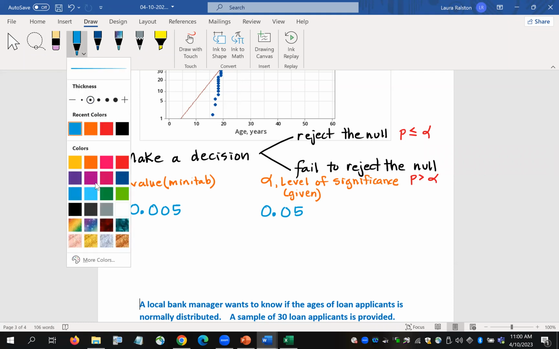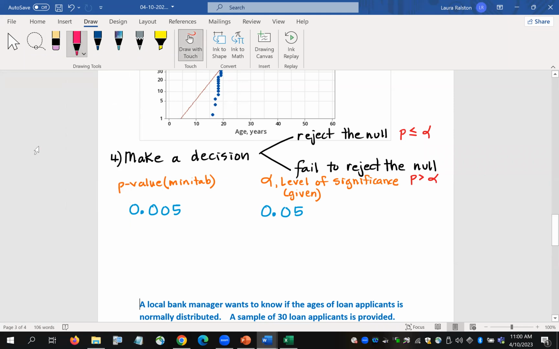Now, from my years of experience, one of the biggest issues that students have is comparing these decimals. What I recommend is that you compare it digit to digit. If we look at the first digit after the decimal point, for the p-value, it is 0. For the alpha, it is 0. They're the same.